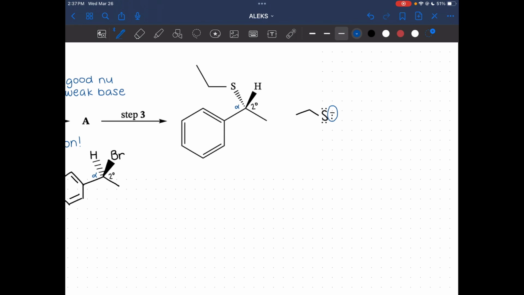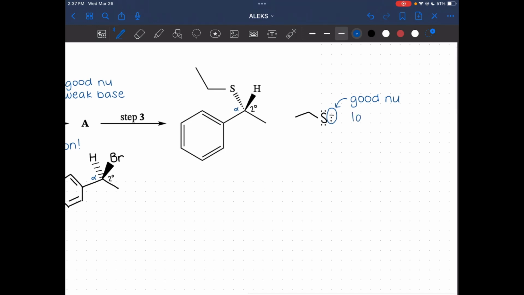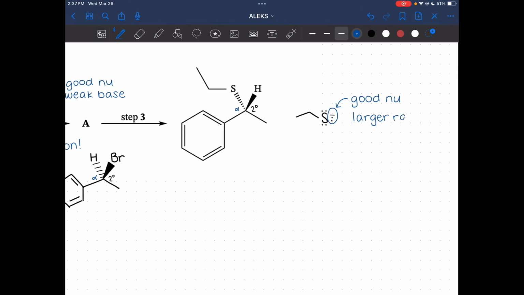So I'm going to write this here. I'll say this makes it a good nucleophile, that negative charge lone pair. But the larger radius makes it a weaker base.